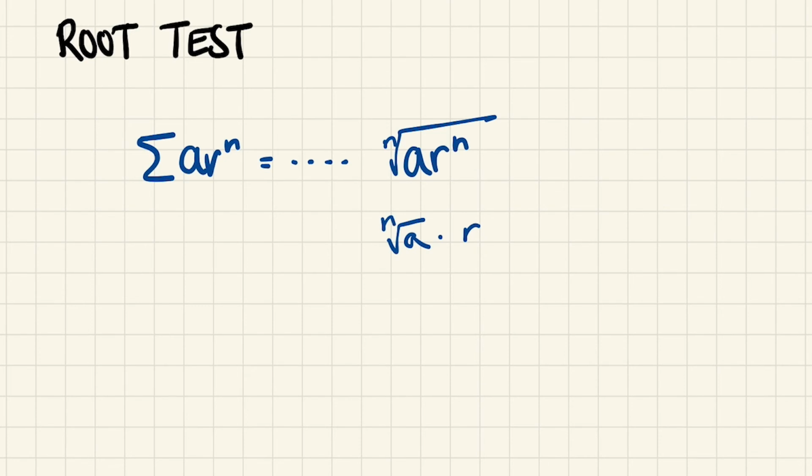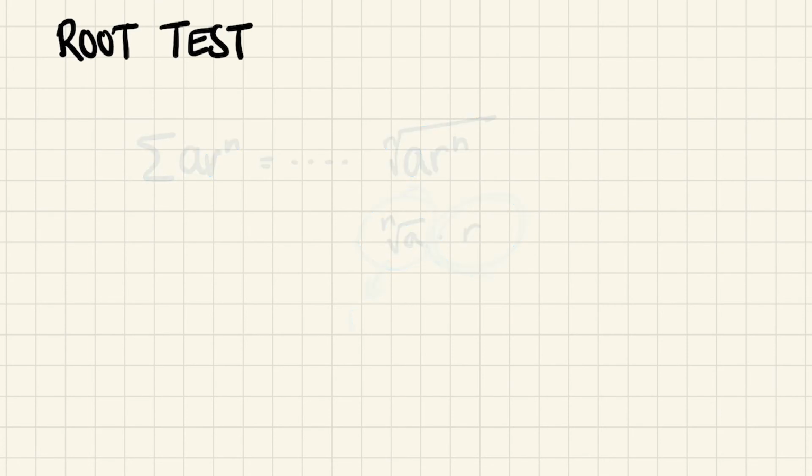Now, if we took a limit to infinity, it doesn't matter what a is. As long as a is a constant, this guy here would go to 1. And we would get that r out of that limit. So this is just another way of pulling that r value out of an arbitrary series.